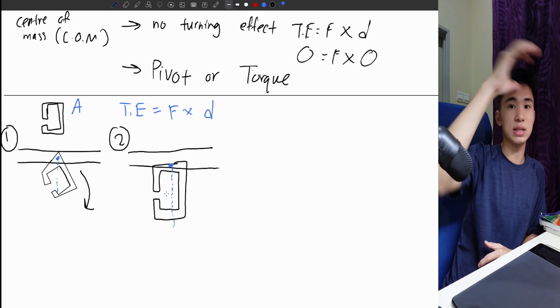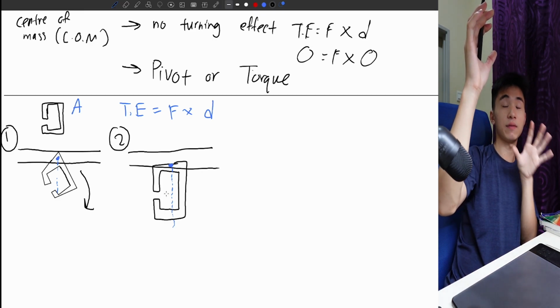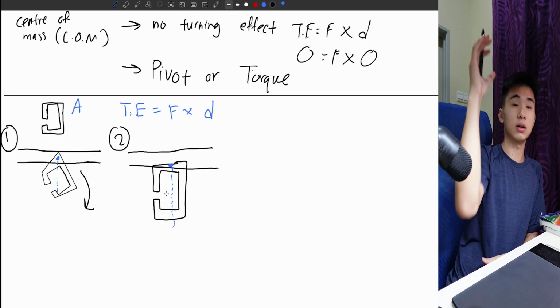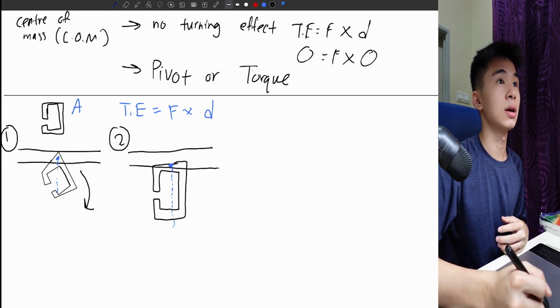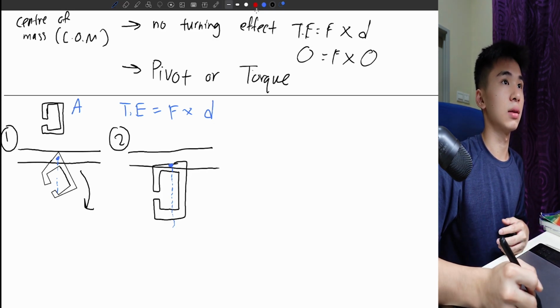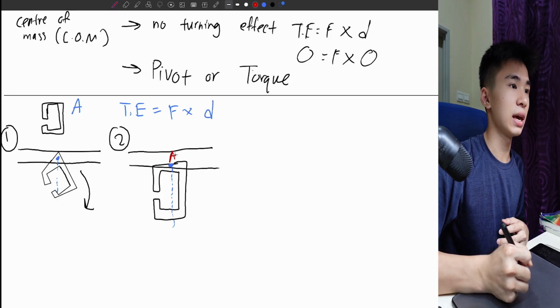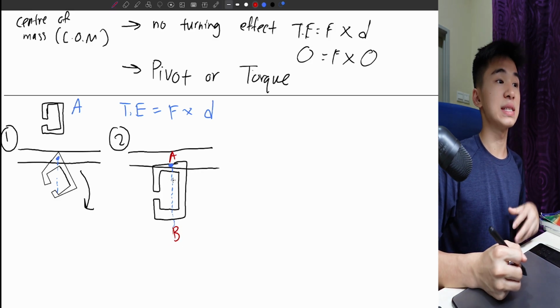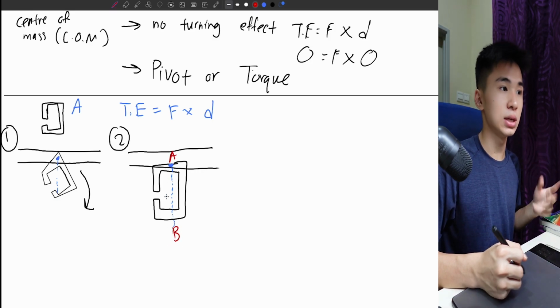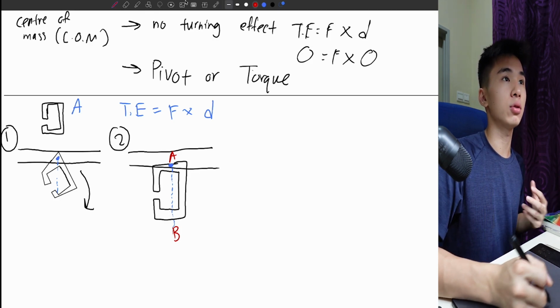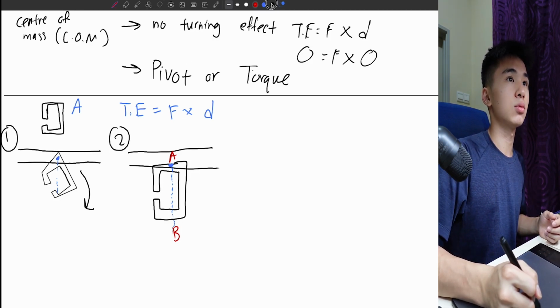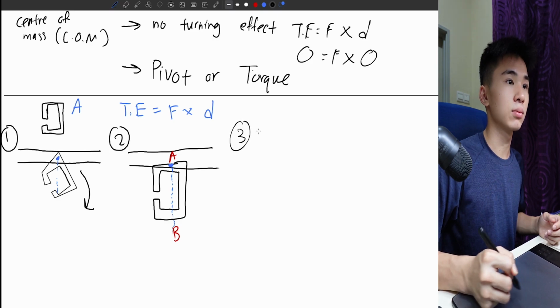From my perspective, we have a clockwise turning effect. If we draw a line like this, I will call it A and B again. We know the center of mass or center of gravity is on this line, but we do not know which point. So let's do another test.